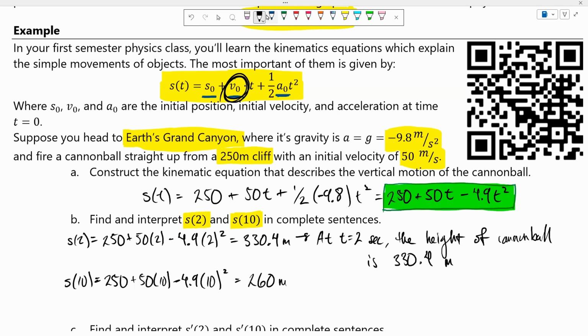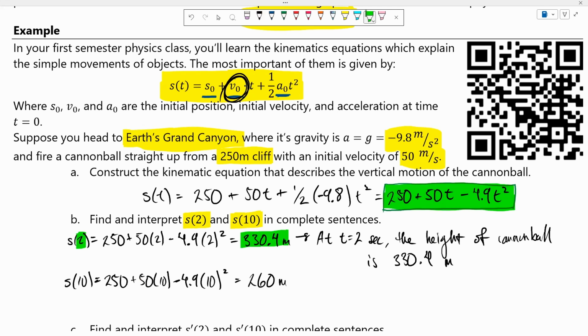Got it? Okay, and the way that I got that was this, right? I plugged in 2 and the output was this, right? So if the input was 2, that's my 2 seconds. And the output being 330.4, that is the output of the position function.